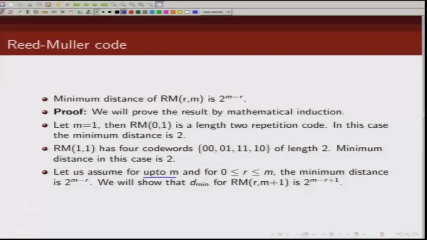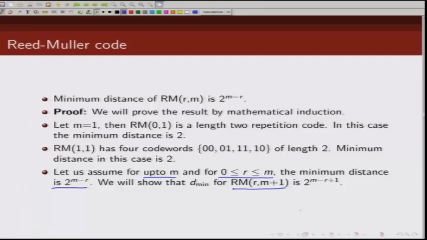So, let us assume that it is true up to m, and for any order r from 0 to m. So, the minimum distance is given by 2^(m-r). Now, what we are going to show is that this is also true for m plus 1, and what should be the minimum distance for m plus 1? It should be 2^(m+1-r).